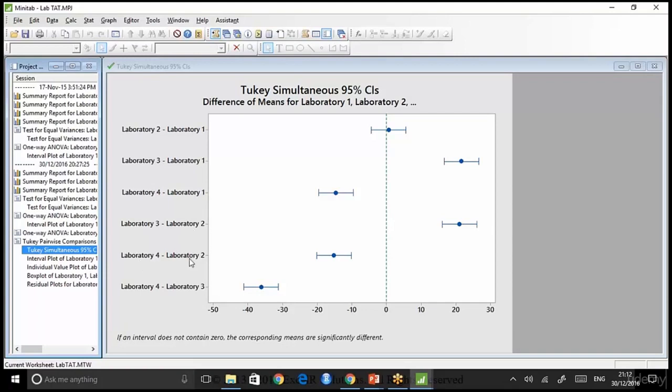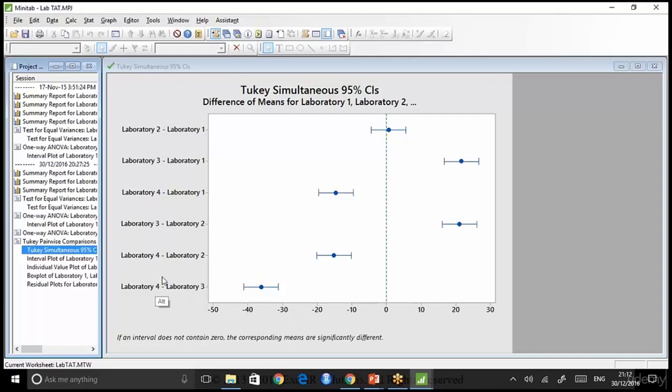Lab 4 minus lab 2 is also negative, which implies lab 2 has higher turnaround time than lab 4. Here also it's negative, meaning all these three laboratories, 1, 2 and 3, have higher turnaround time than lab 4.